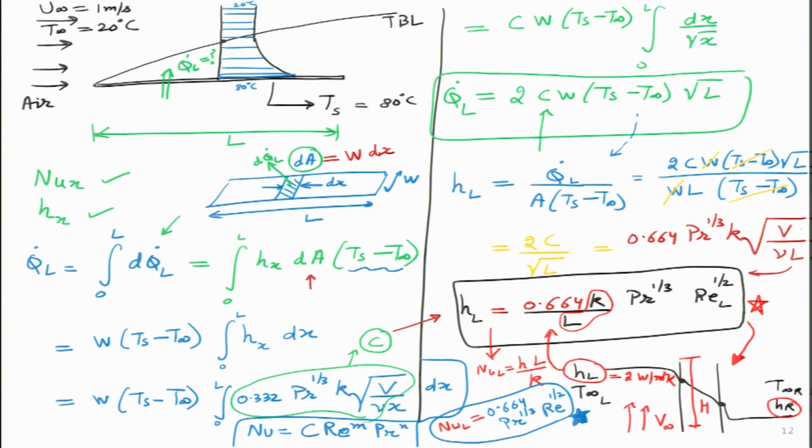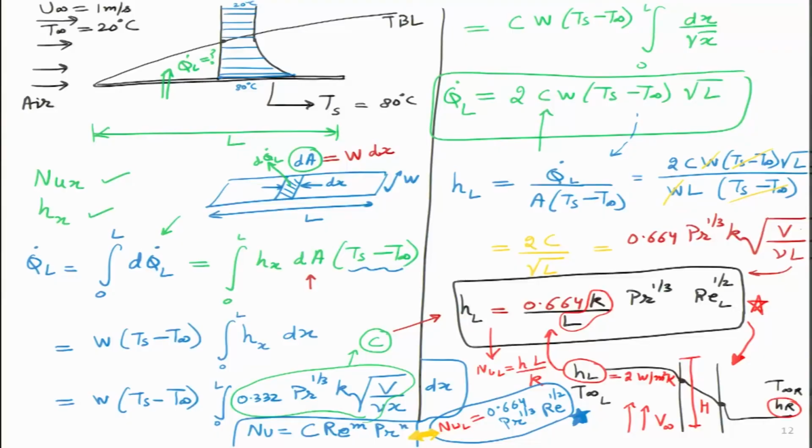Many of the students will remember, 2 lectures back or 1 lecture back, I have written that analogy, which means all the convection correlations for forced convection will turn out to be simply a constant multiplied by Reynolds number to the power some constant and Prandtl number to the power some constant. So, only the C, m and n values we have to evaluate.